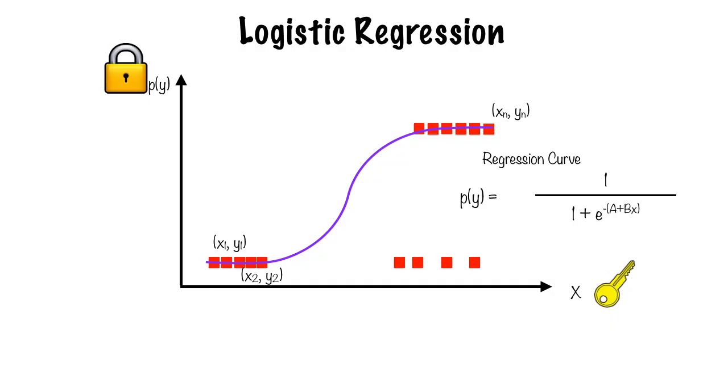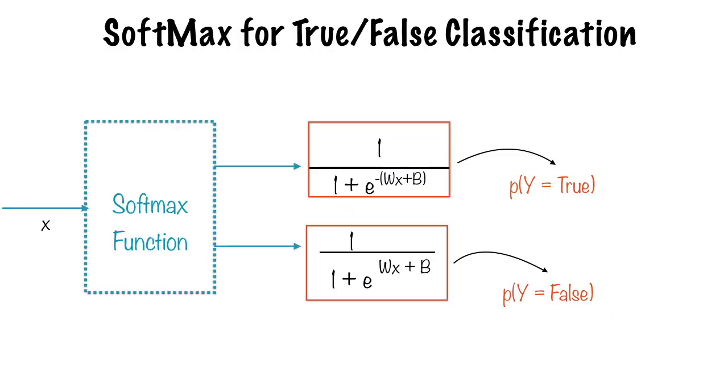The probability output of the softmax function can lie anywhere along this curve. That is, it can be anywhere between 0 and 1. And it's for you to define a threshold. If the probability value is above this threshold, the predicted label is 1 or true. If the probability value is below this threshold, the predicted label is 0 or false.